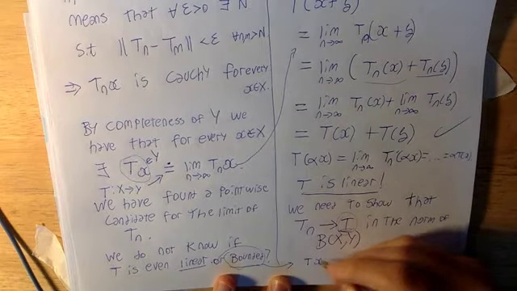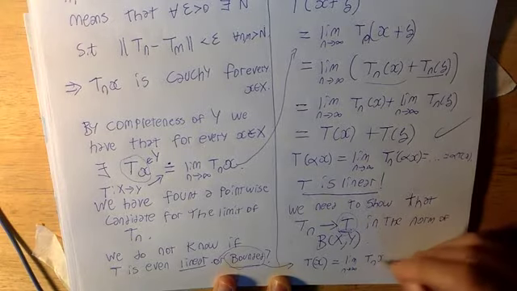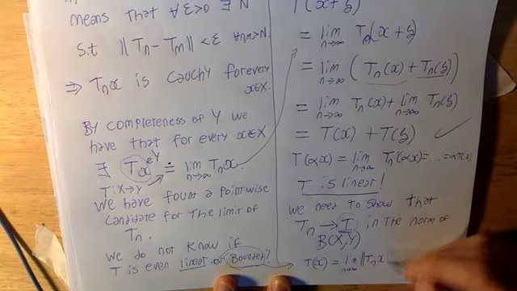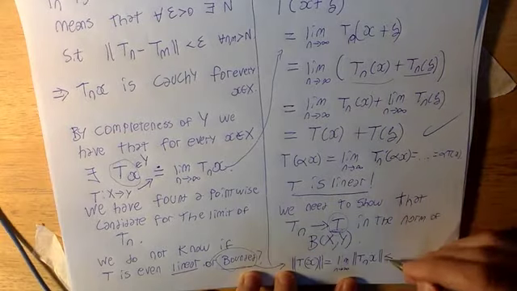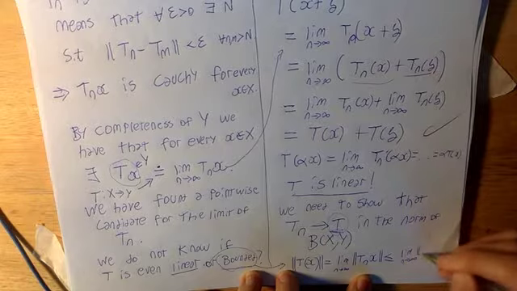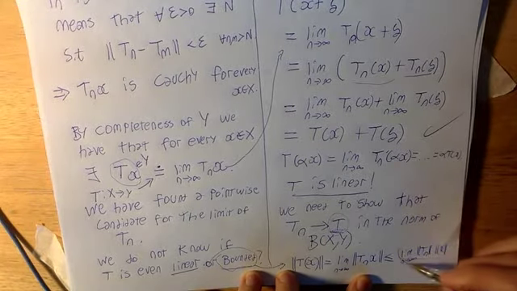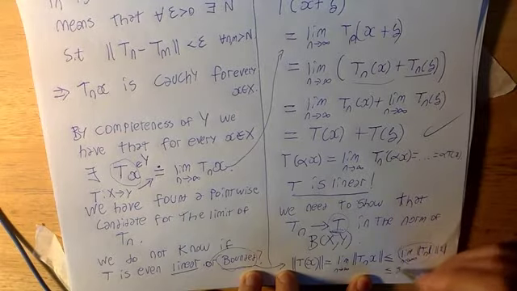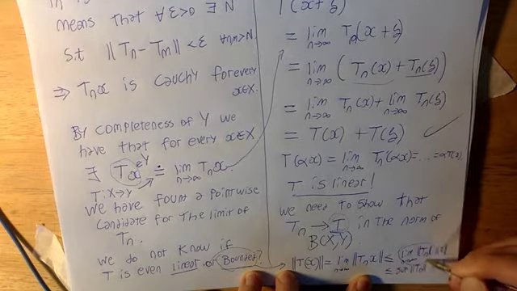So T of x is equal to the limit when n goes to infinity of Tn of x. So the norm of this is less or equal than the limit when n goes to infinity of the norm of Tn times x. But this is less or equal than the supremum over the norms of Tn times x, and this is bounded.